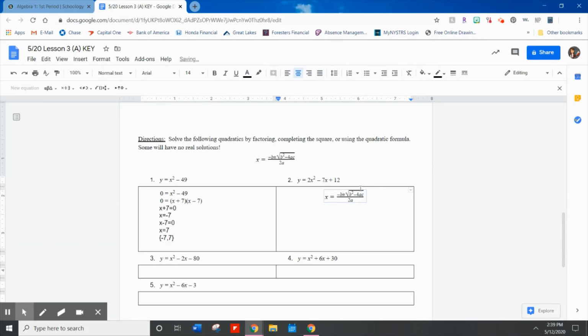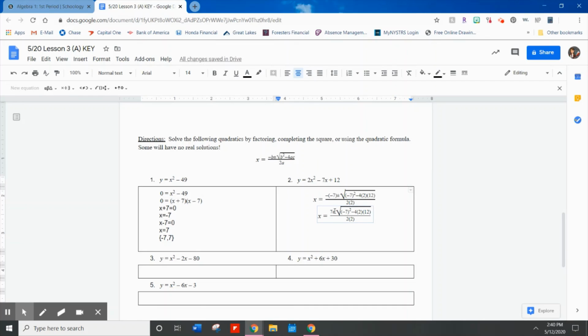Okay, so my B value is -7. The A value is 2. And my C value is 12. A value again is 2. Now we simplify, a -7 turns into a +7.